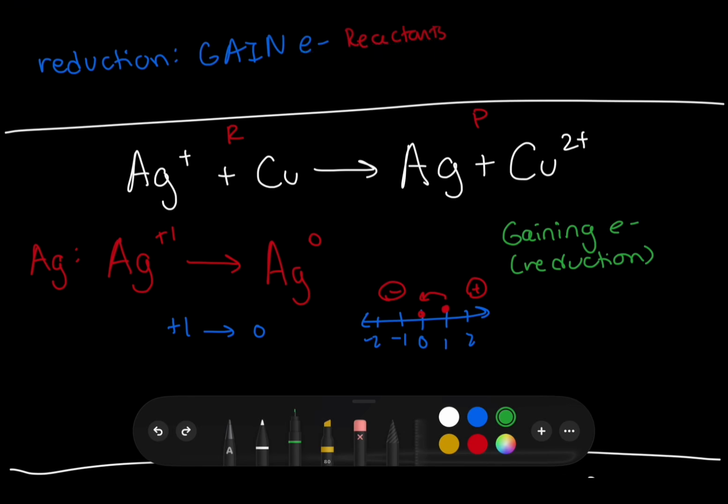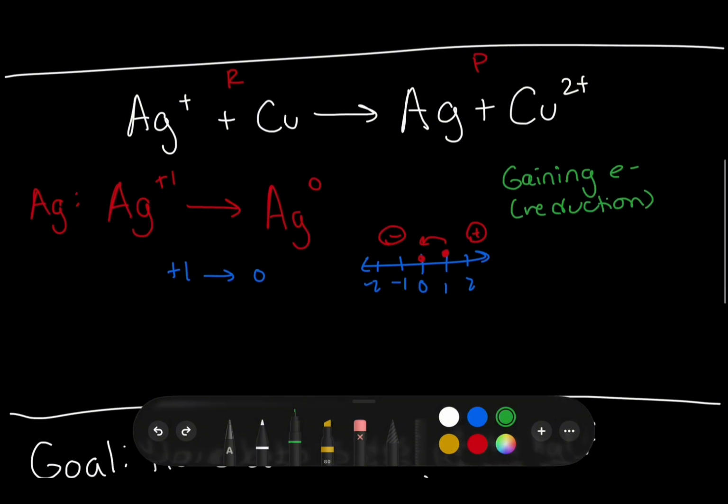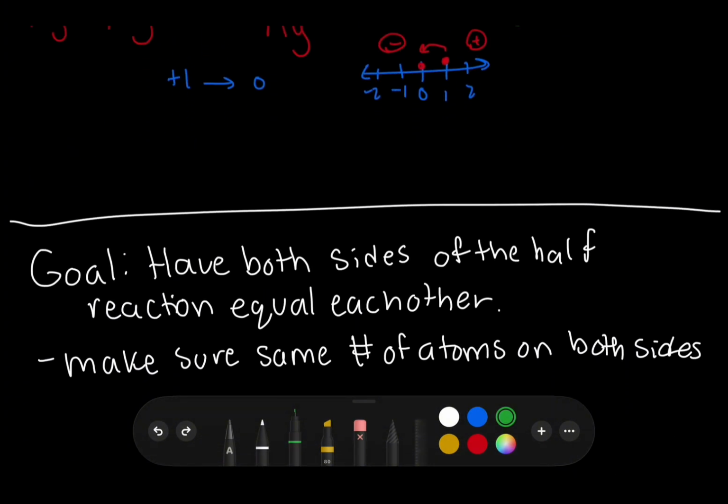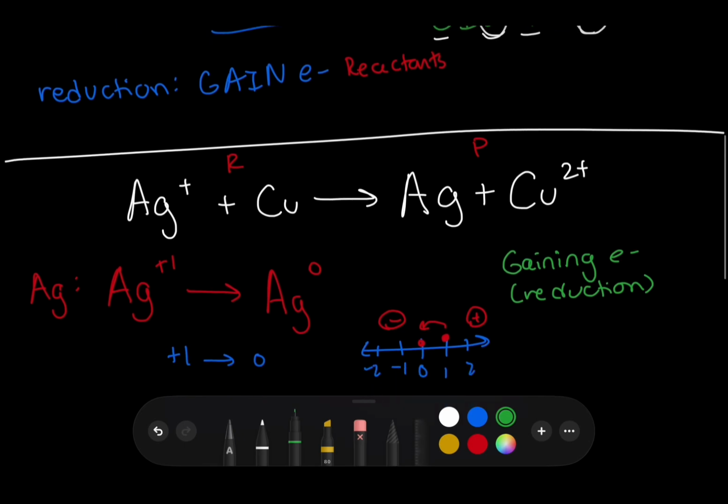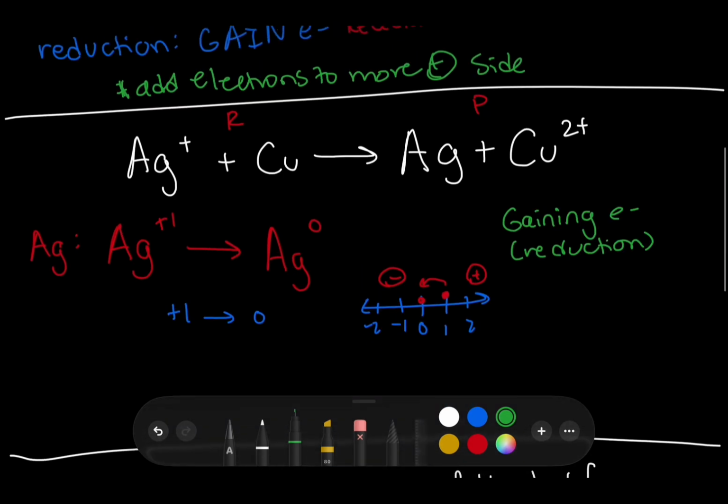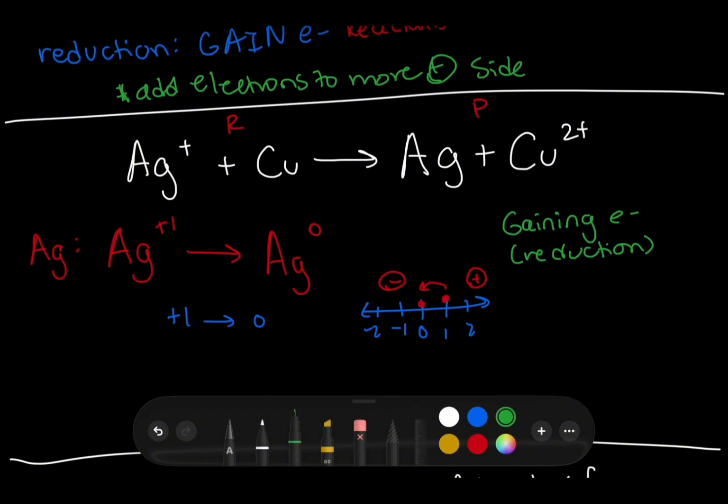So what we're doing is adding electrons to the more positive side, which we see right here in our rule. We must have both sides of the half reaction equal each other. So that means we need to add electrons to the more positive side. Now, if we think about it algebraically, how can we get a +1 to turn into a 0?